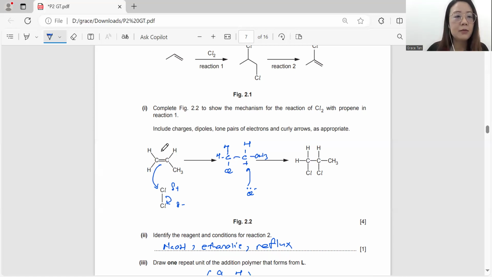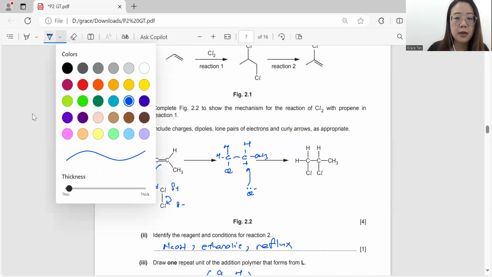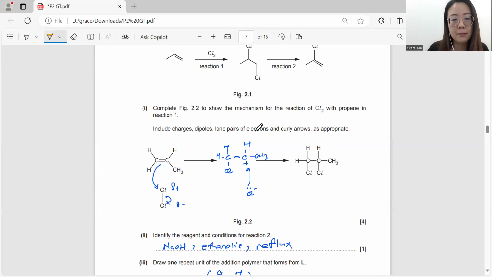Now over here, there are two possibilities, major and minor product. I mean major and minor intermediate, sorry, let me change that. Because you're adding Cl, eventually you only have one product. This is the only product that will form. But in terms of intermediate, some of you will put the carbocation, the positive charge, on the left carbon and put the first chlorine here.